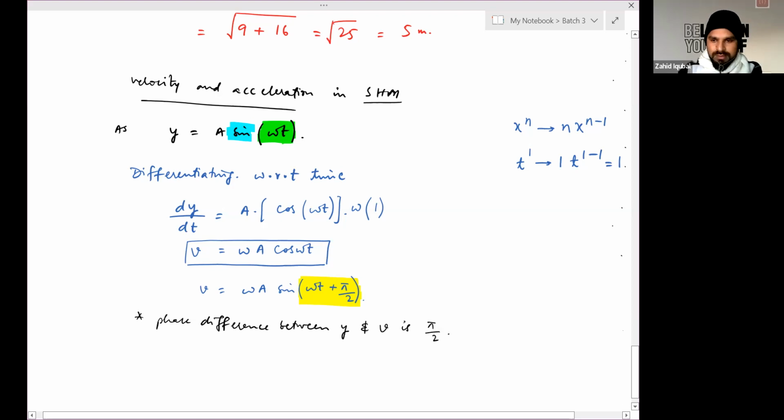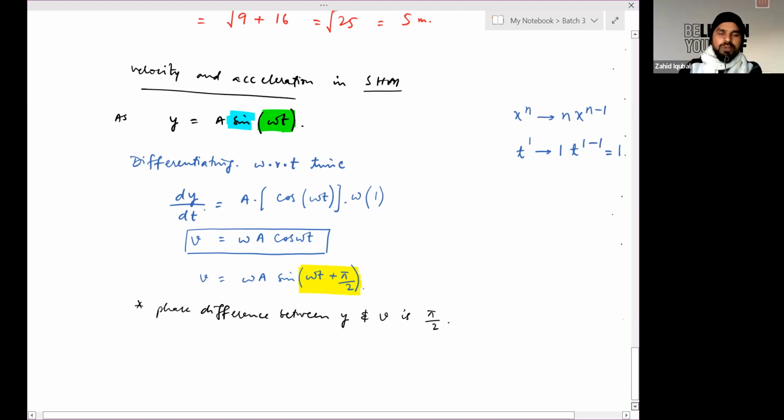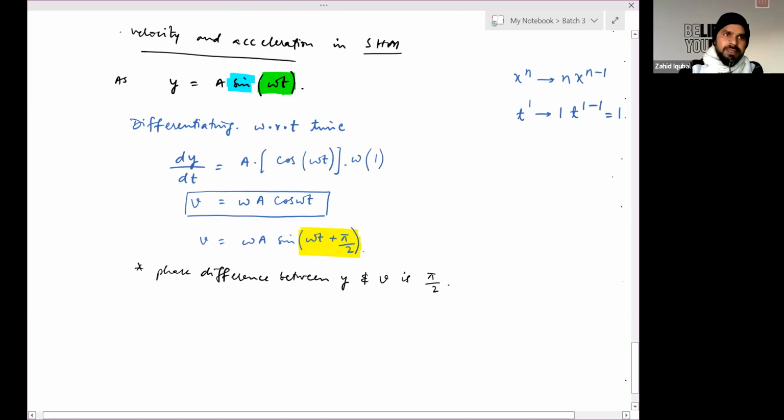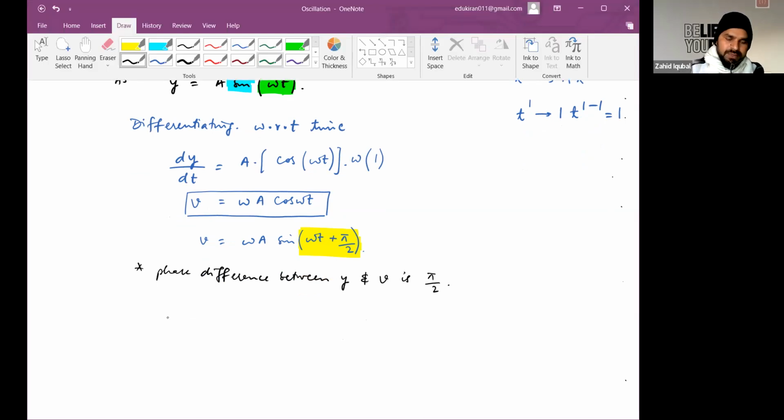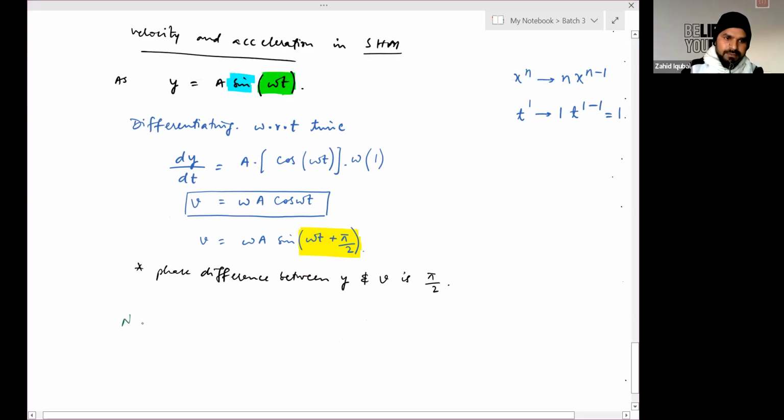Next, you will be asked to define this velocity in terms of displacement. So how to derive it? Let me define. Velocity equals omega times A cos of omega t. There is a trigonometric identity: sine squared theta plus cos squared theta equals 1.